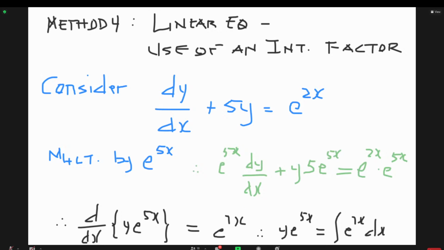All right, so our next line reads, therefore y is equal to e to the 2x on 7 plus c e to the minus 5x.